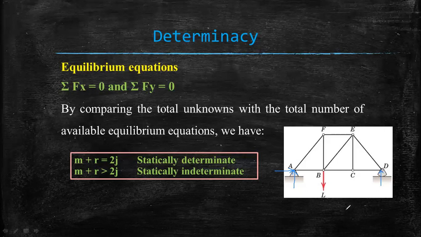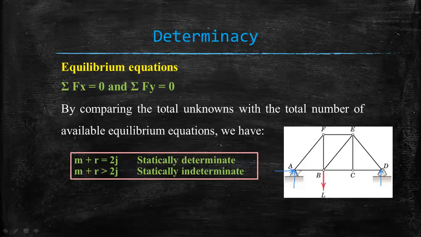So in the whole structure there is one, two, and three unknown reactions. If we denote the number of unknown reactions as R, then there are three unknown reactions.